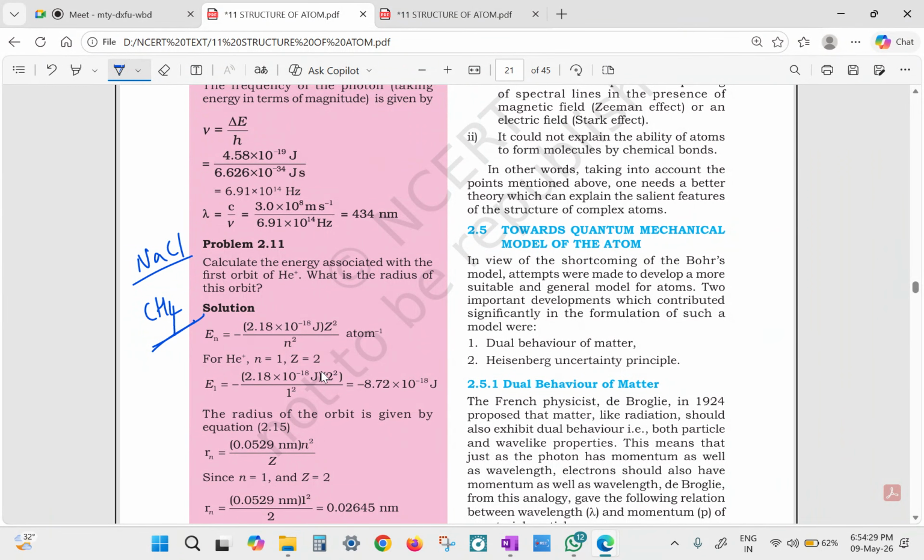But so far in class 11, whatever we have spoken about in Bohr's model or Rutherford's model, does any one of them talk about the formation of a chemical bond? No, ma'am. So, according to Bohr's model, you cannot interpret what is a chemical bond. So, that became one of the most important failures. It could not explain the ability of atoms to form chemical bonds.